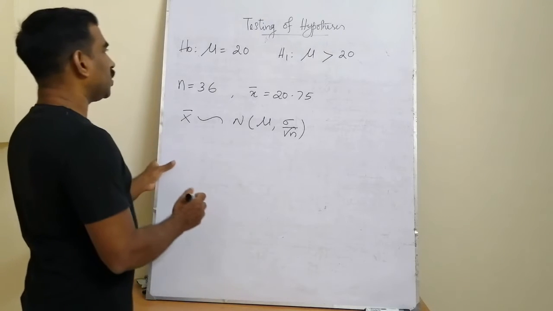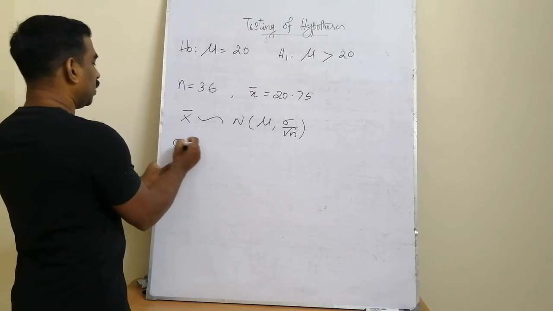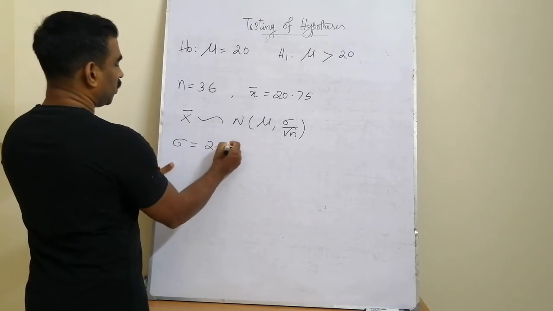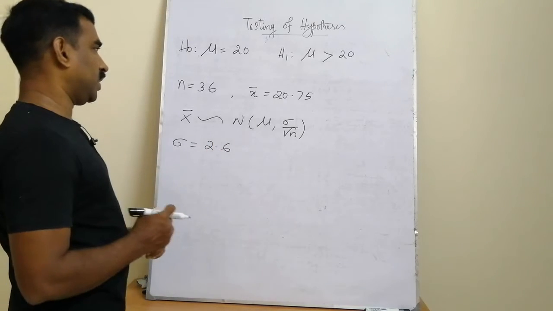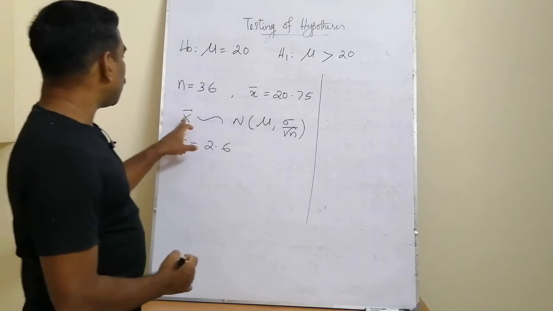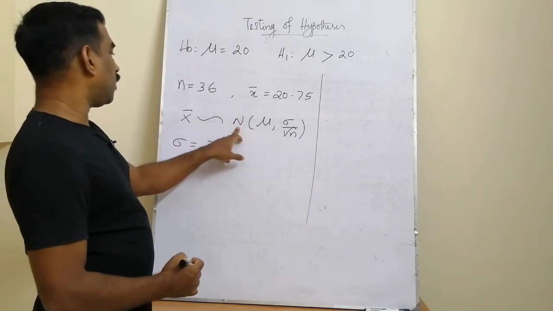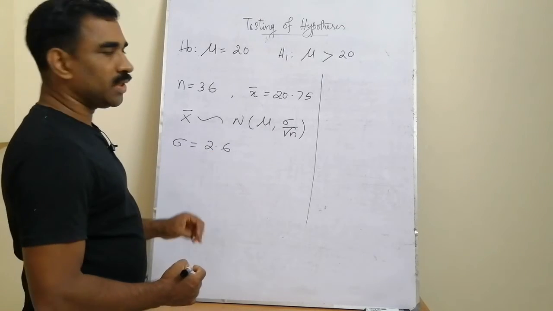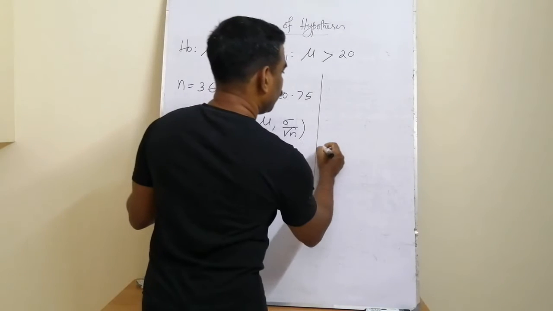Suppose this population standard deviation is also available, from the past experience. Suppose we can have the sigma value as 2.6. Then from the sampling distribution of the sample mean, this is approximately normally distributed with the mean mu and standard deviation sigma by root n.